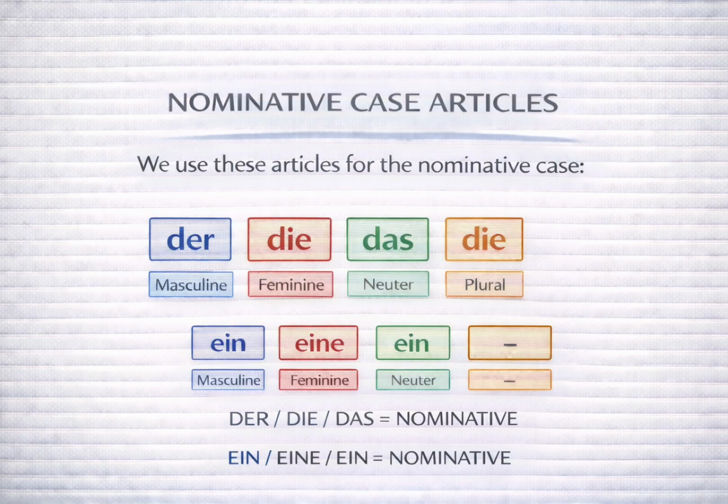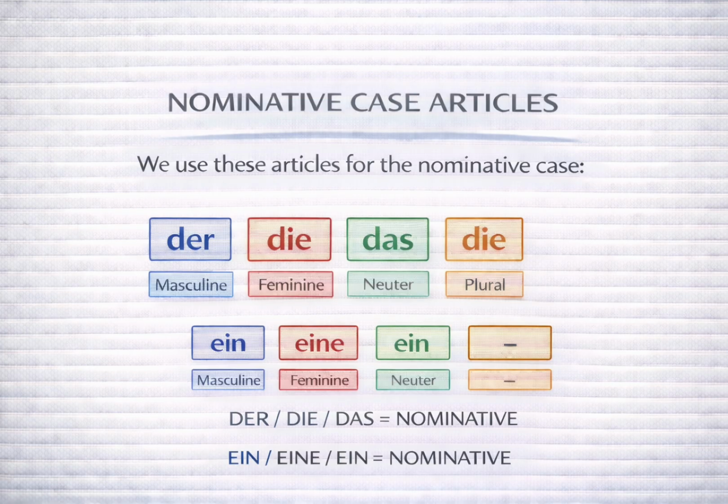So far you saw many examples where the subject comes with an article like der Mann, die Frau. So the big question is, which article do we use in the nominative case? In the nominative case, both definite and indefinite articles stay in their basic form. They do not change.